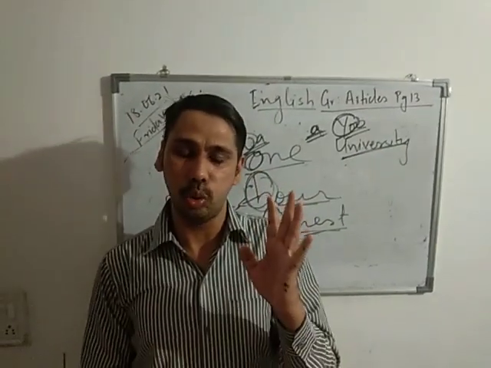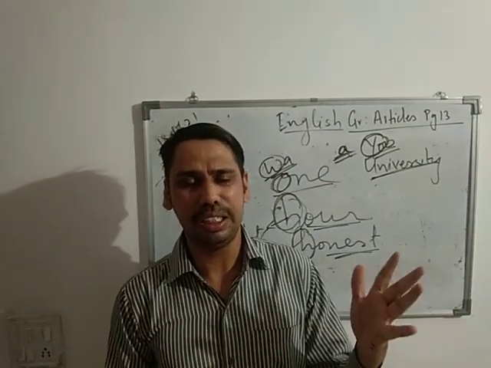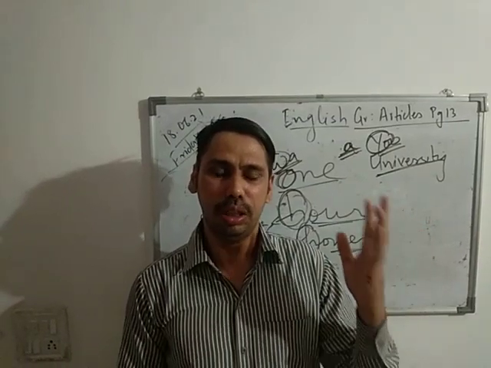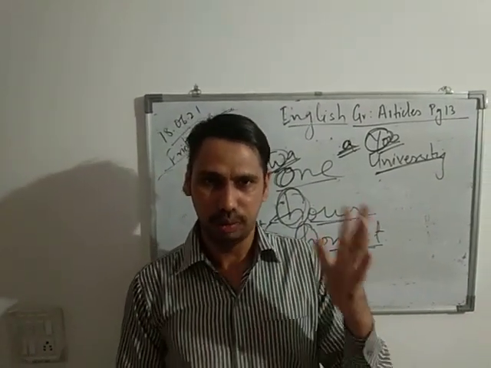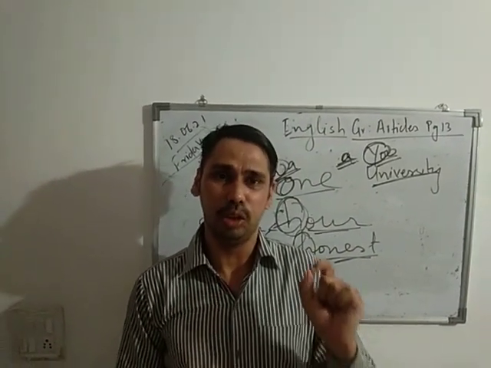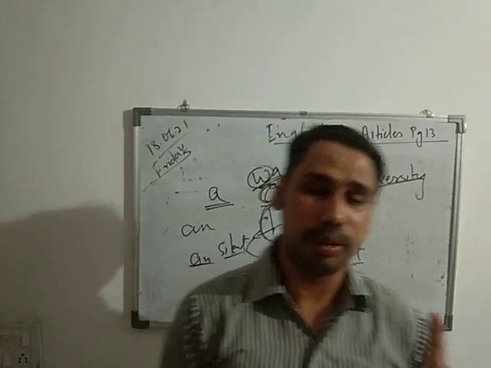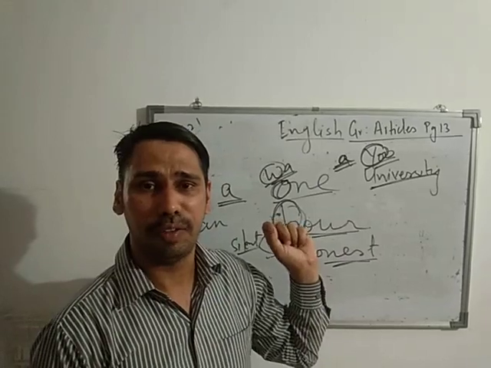A or an is used with a common singular noun and is placed before the noun. A is used with a consonant sound, and an is used with a vowel sound. Sound is more important than spelling.